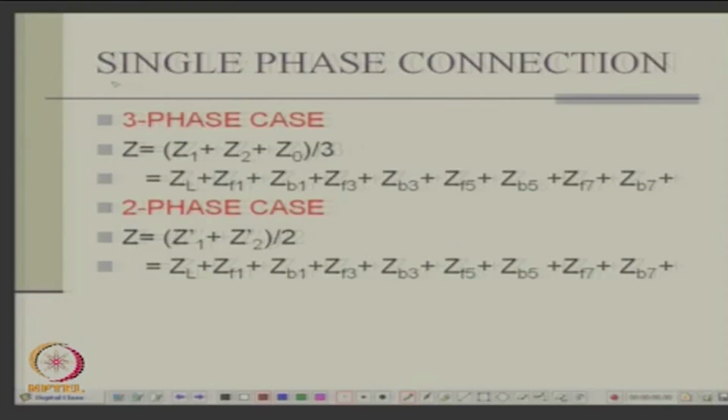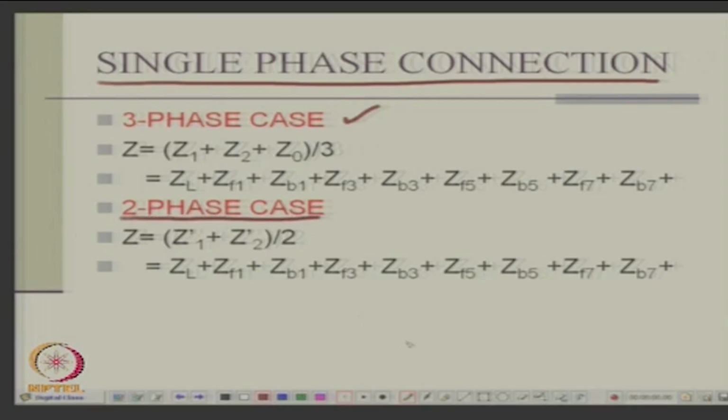Now, for a single phase connection, we considered a 3 phase case with 2 phases open. I mean 3 windings ABC are there, B and C open, or we took a 2 phase case with the other 2 open. Then we derived, in several lectures earlier, that the impedance will be Z1 plus Z2 plus Z0 by 3, is not it? If we took only one winding, this was our equation.